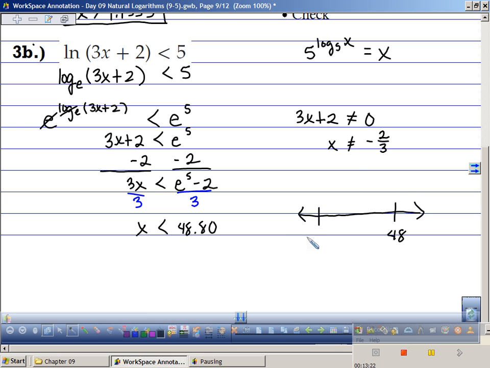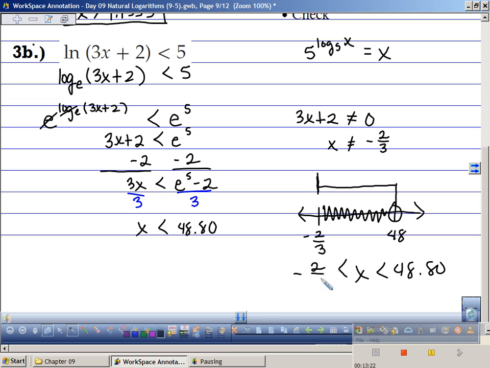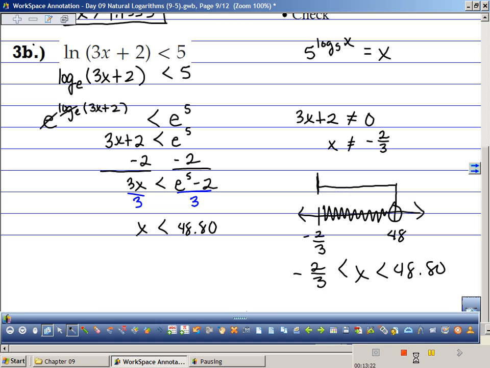Negative 2/3 is somewhere over here. So if x is less than 48.80, where does that stop? Right there. So it's all of this, so x is in between 48.80 and negative 2/3. We're done.